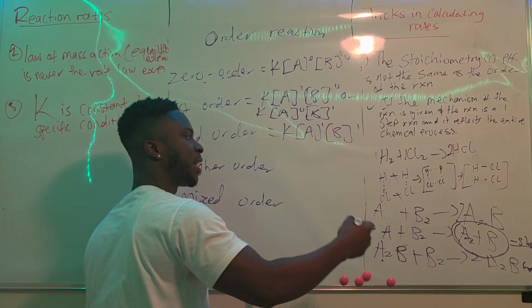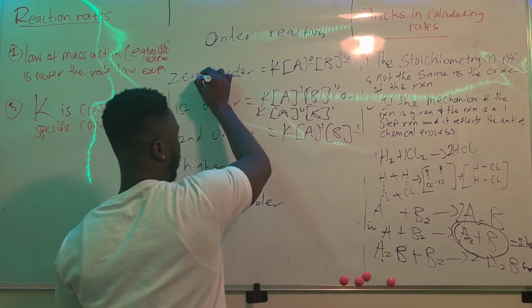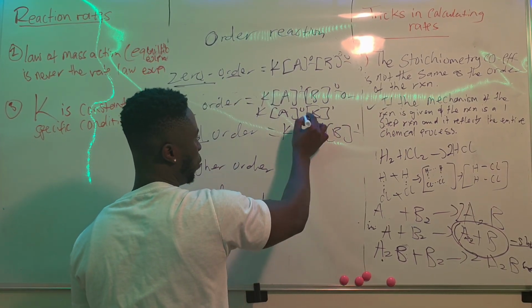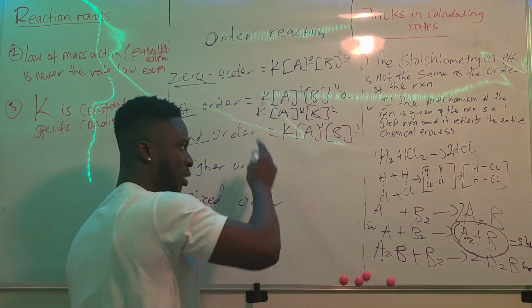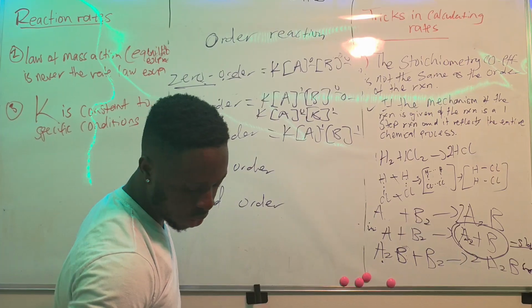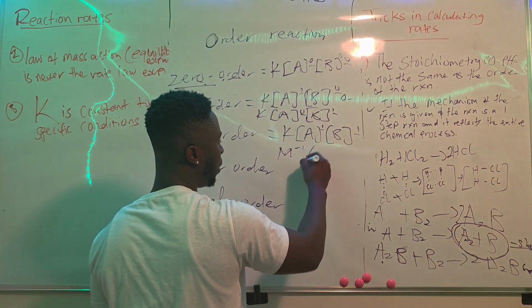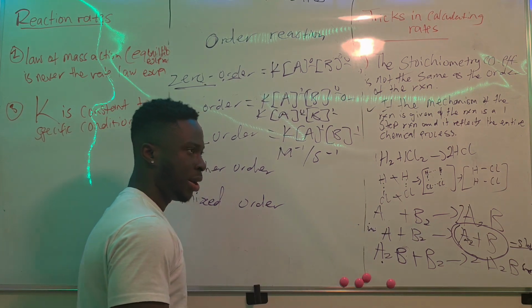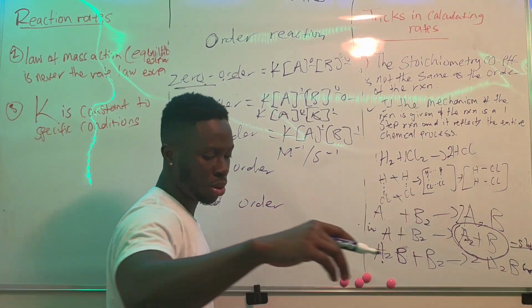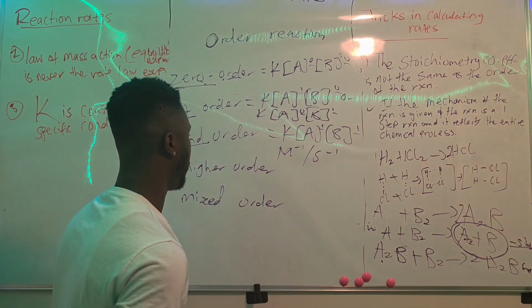So in effect, if you add these orders, they should give you the order, either 0, 1, or 2. So if you add 1 and 1, you should get 2. If you add 0 and 1, you should get 1. Those are how they work. And then the unit for this one, the second order, is per molarity per second. Now if you plot a graph of it too, you're going to have a descending slope where they are similar to the ones that we've already done.